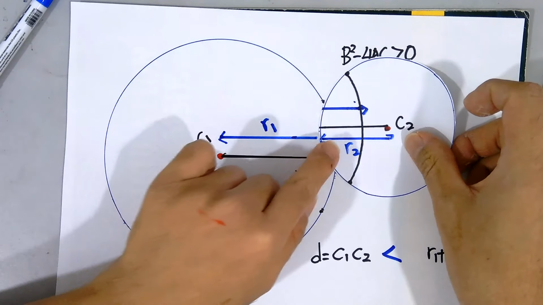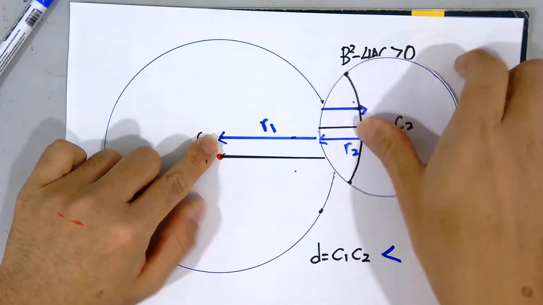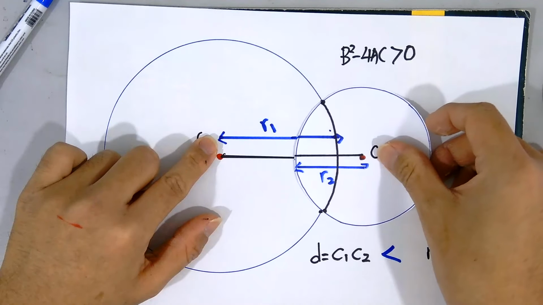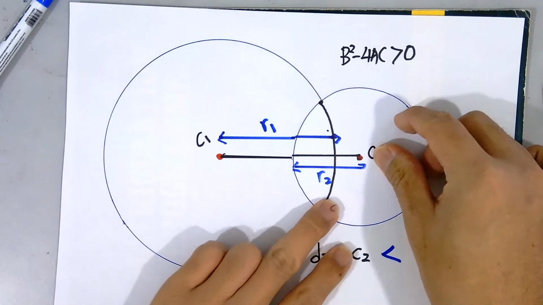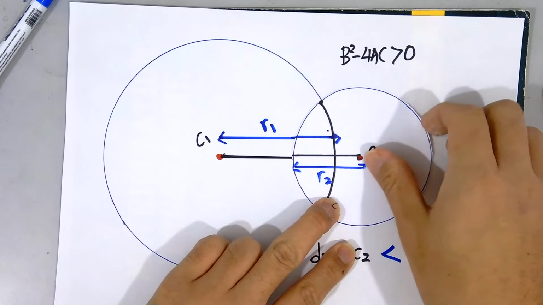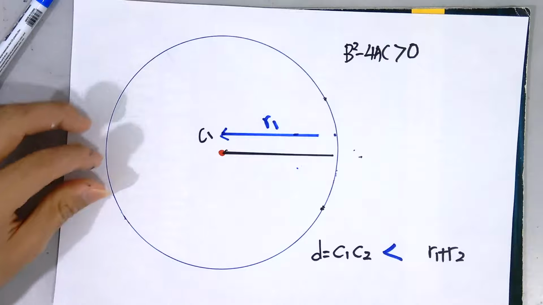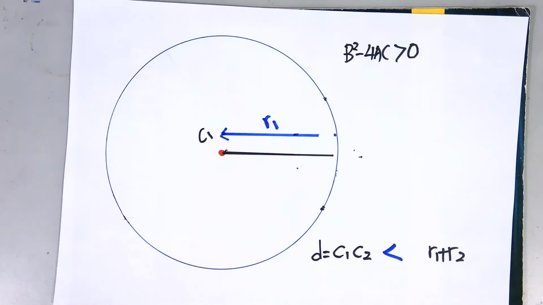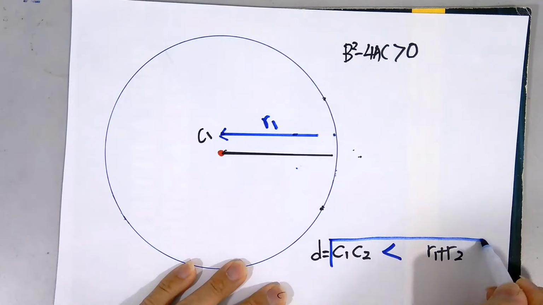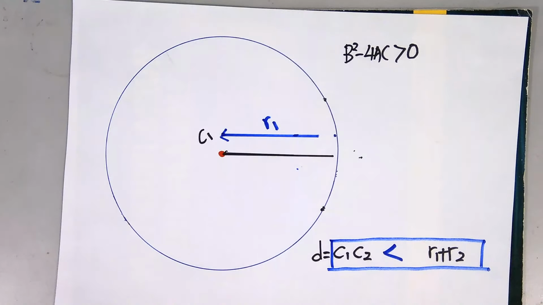If I join R1 and R2, the length will be longer than when they intersect, while the distance between the centers will be shorter compared to R1 plus R2. If you're able to show this, it already shows that the two circles intersect at 2 points. Very easy: the distance between the two centers is less than the sum of the radii. This is enough to show that the two circles intersect at 2 points.